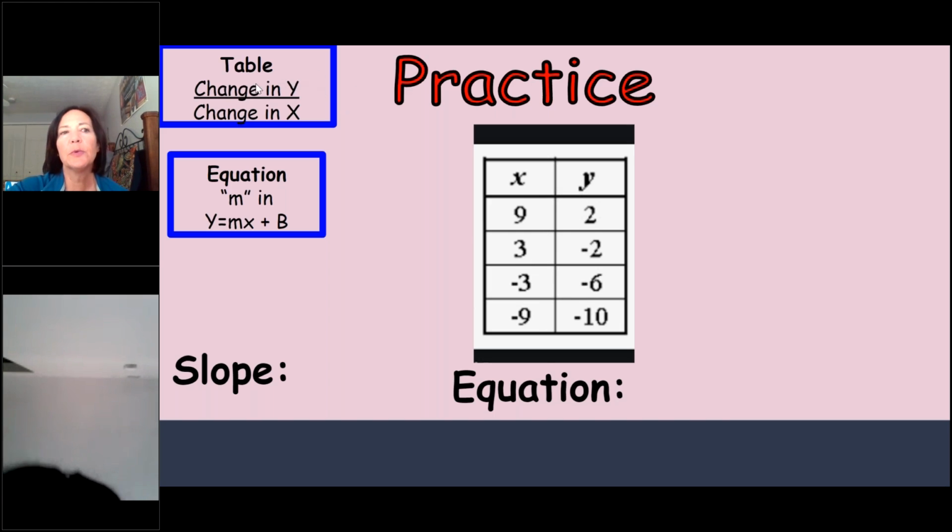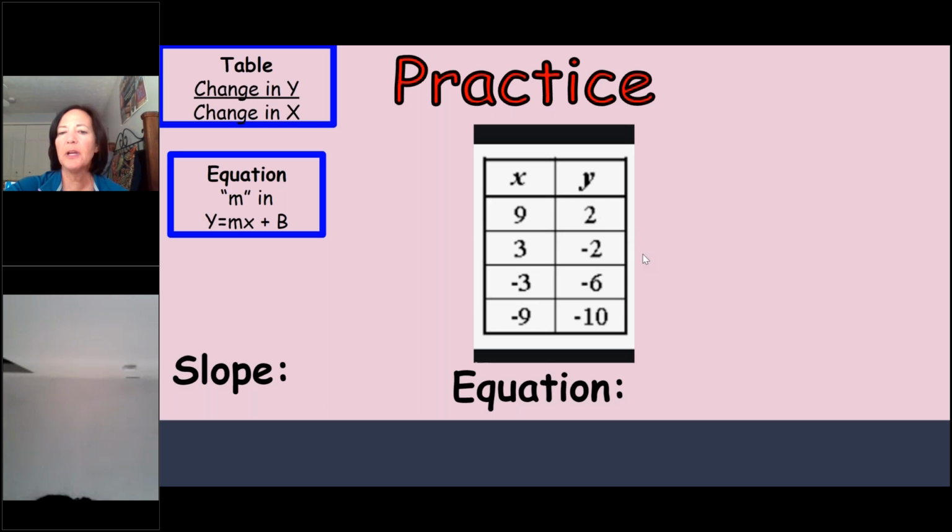So in the table, we're going to take the change in y divided by the change in x. And I always tell my students to analyze the table, and that means we're going to put those little carets. So Taylisha, I want you to look at the y side.